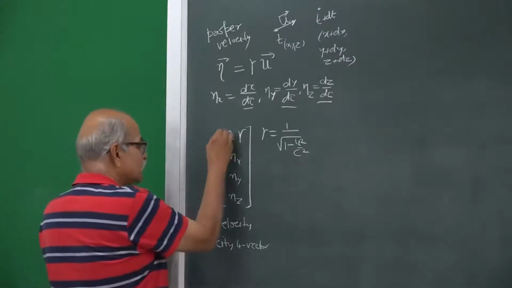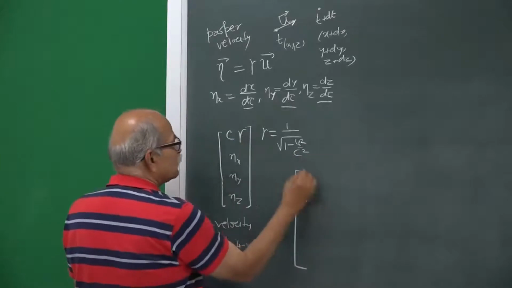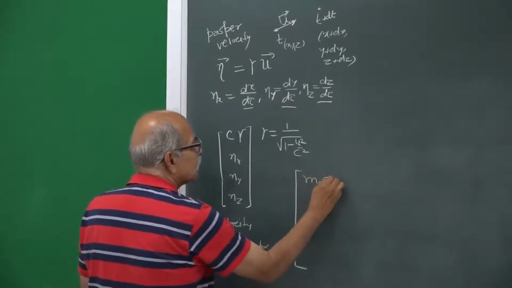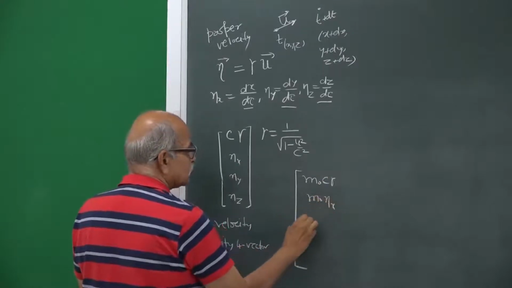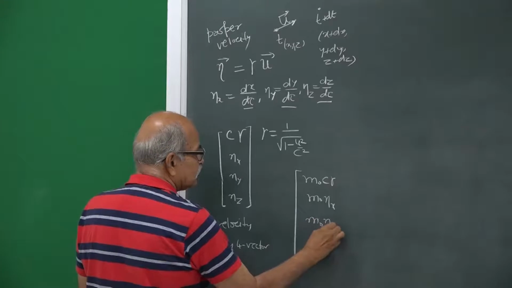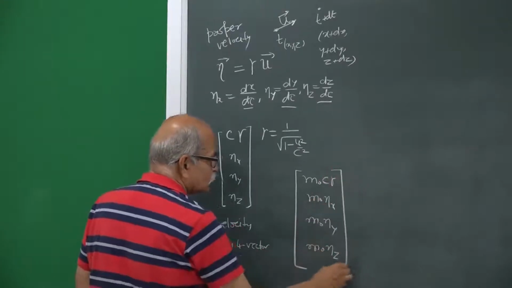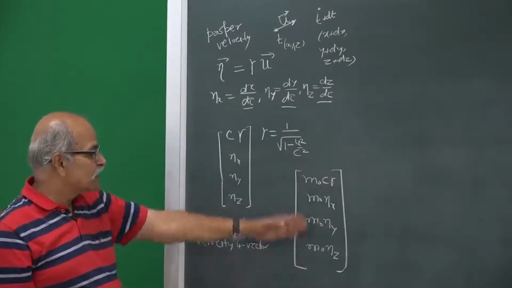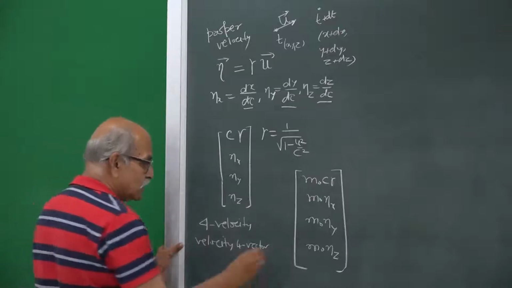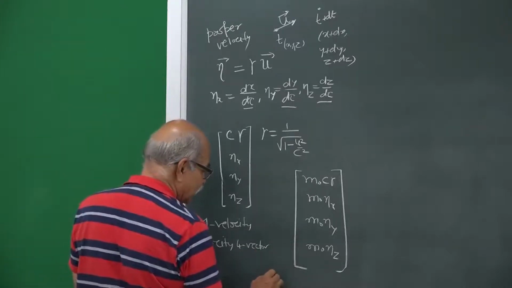So, we construct another 4 vector: m naught times c gamma, then m naught times eta x, m naught times eta y and m naught times eta z. Since we are only multiplying a 4 vector by a constant, this is also a 4 vector, and we call this the momentum 4 vector or 4 momentum.